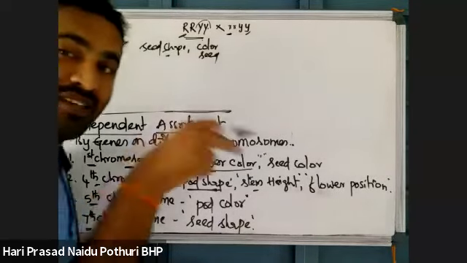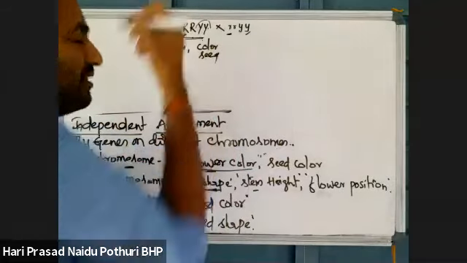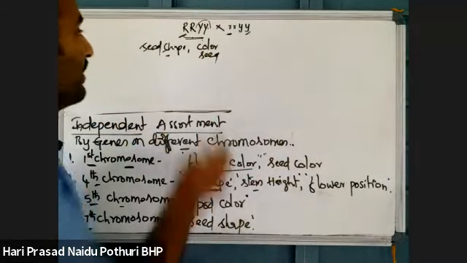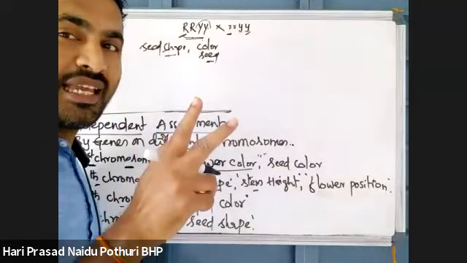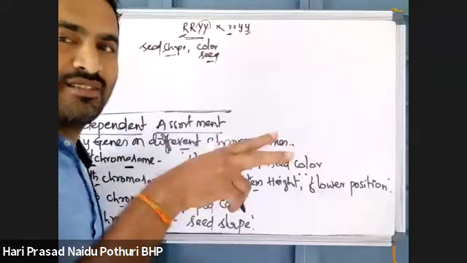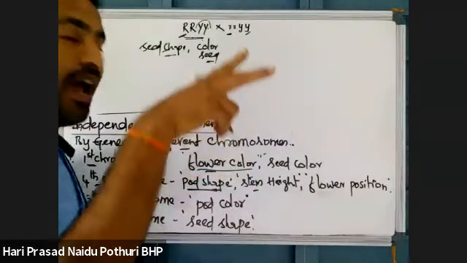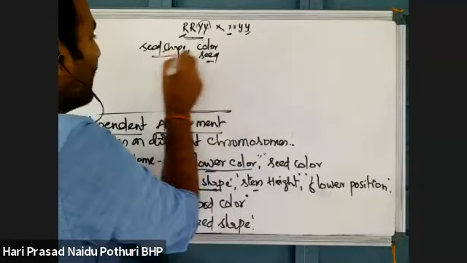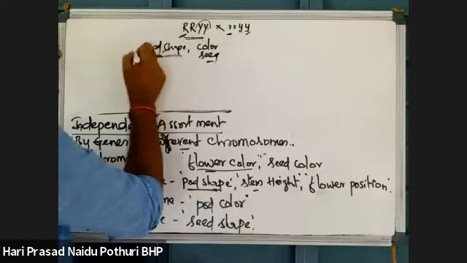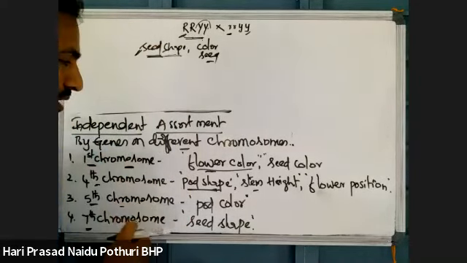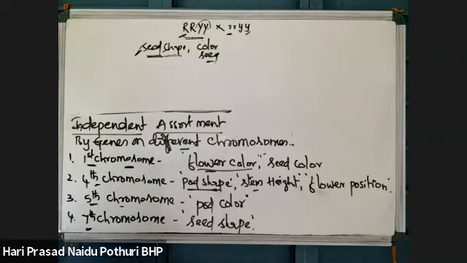So, which characters did he choose? Seed shape and seed color, two determining characters for a dihybrid cross. Where are they present? Seed shape is present on the 7th chromosome, right?